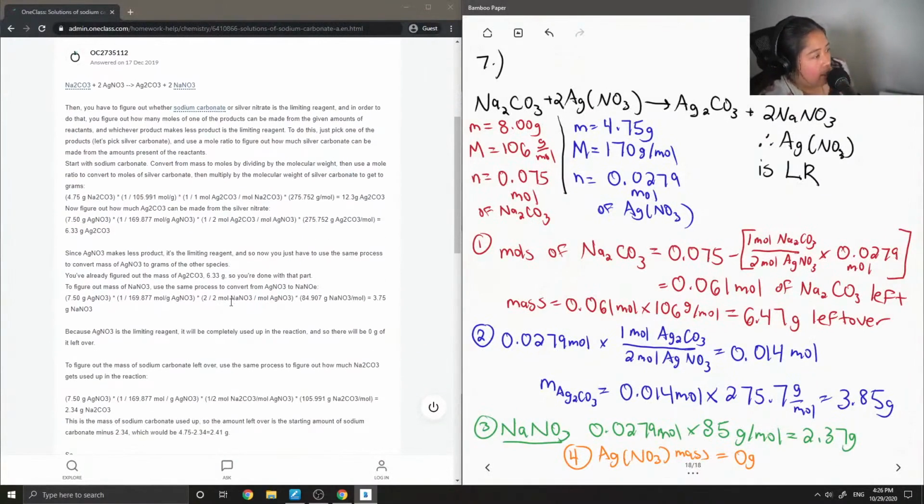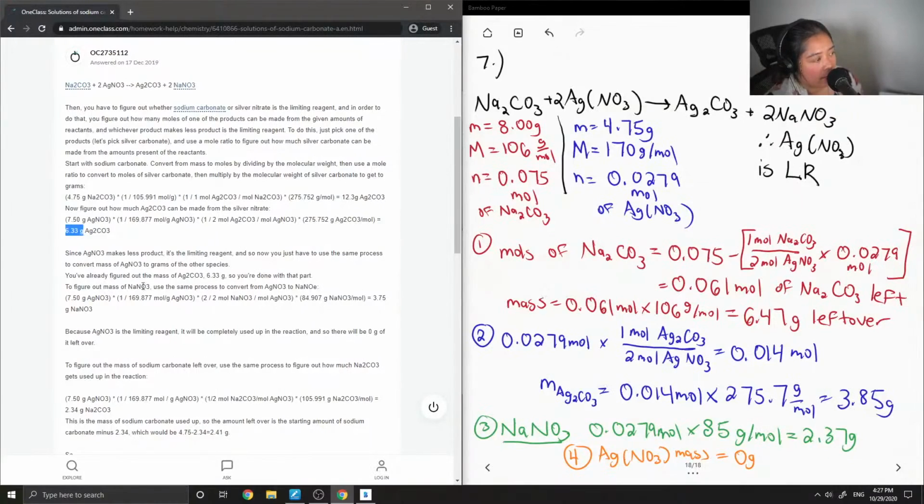So we can kind of see that our junior tutor did the same thing. So they used way more significant digits for their molar mass, so that's why it's a bit off, but you basically get the same answer of 6.3 grams.